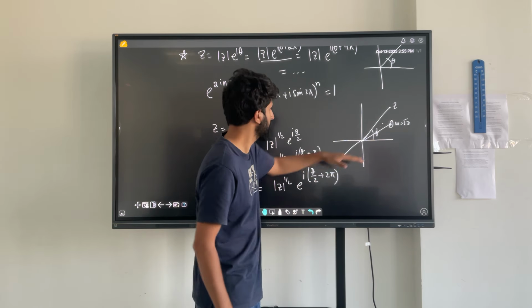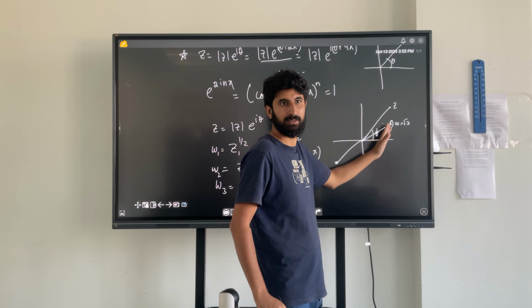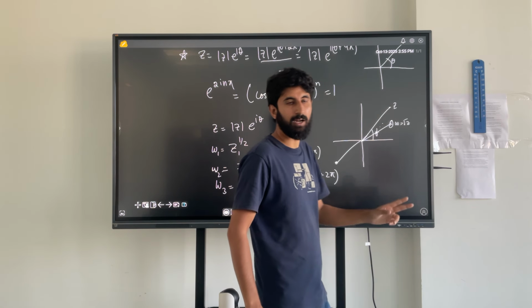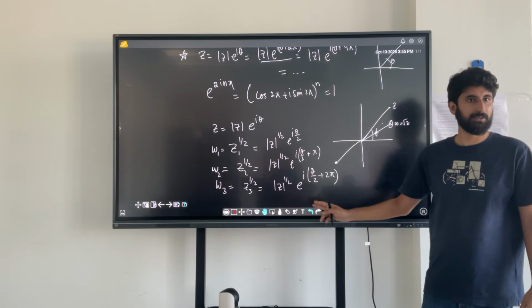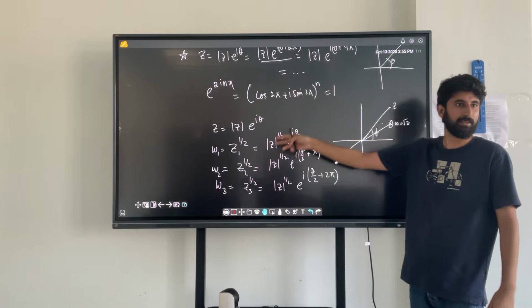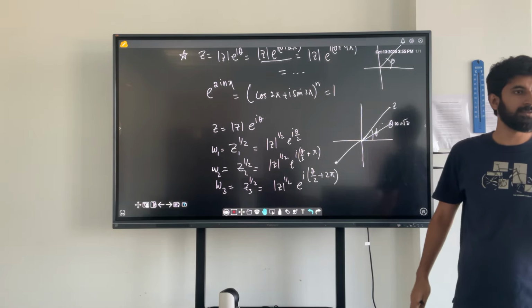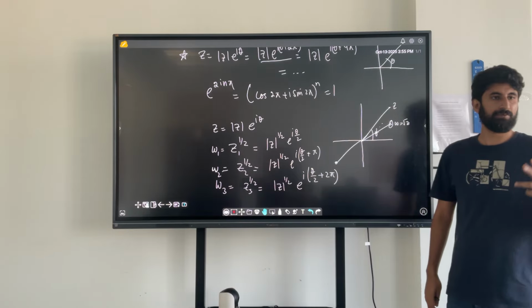So after 2 representations, you start repeating and you will get the same number. So you won't get infinitely many square roots. You will get only 2. You get my point?